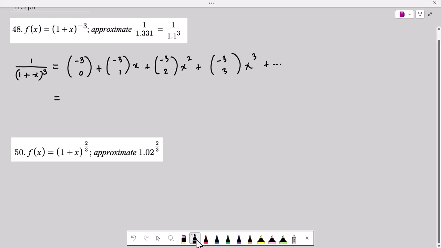So again, -3 choose 0. That's always going to be 1. And if you go to the ball analogy, like 5 choose 0, how many ways can you choose no balls? One way. You don't choose any. So 5 choose 0 is 1, because there's only one way to choose 0. It's to not do anything. So same idea here, -3, anything choose 0 will be 1.